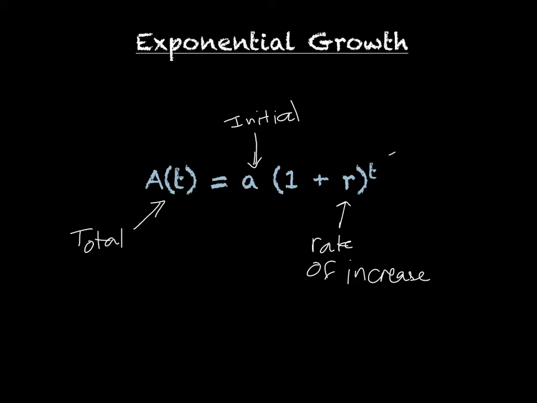And finally, the t, which is in the exponent, is your independent variable, which was the x before. This is just going to be your time, the time periods that have passed by, and this is going to be in years.